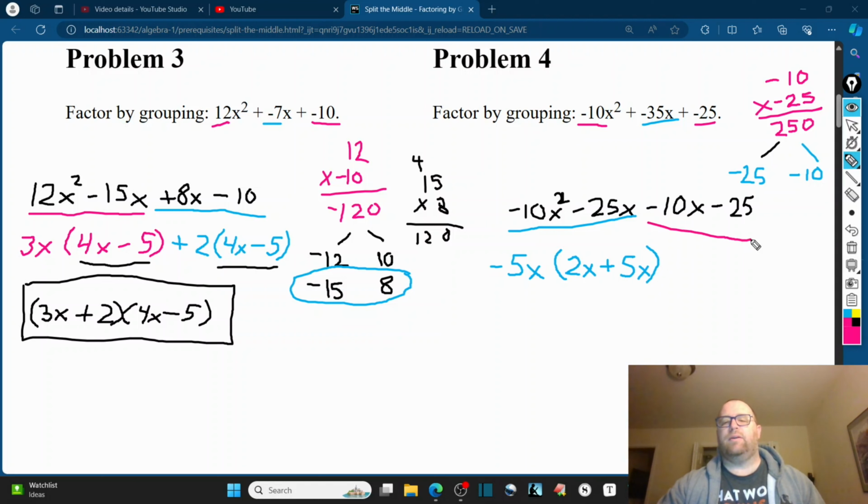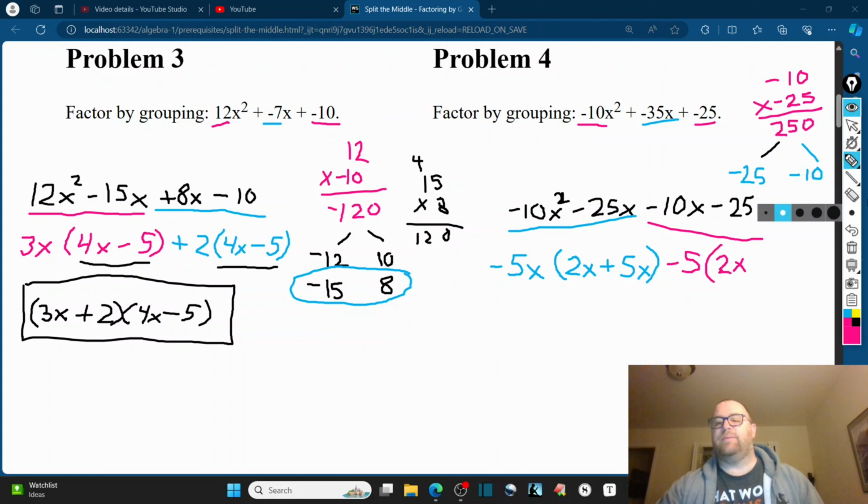Now we want to pull out the greatest common factor of these two. I could just get rid of the plus negative and just write minus. Pull out a minus 5 here. Negative 10x divided by minus 5 is 2x.